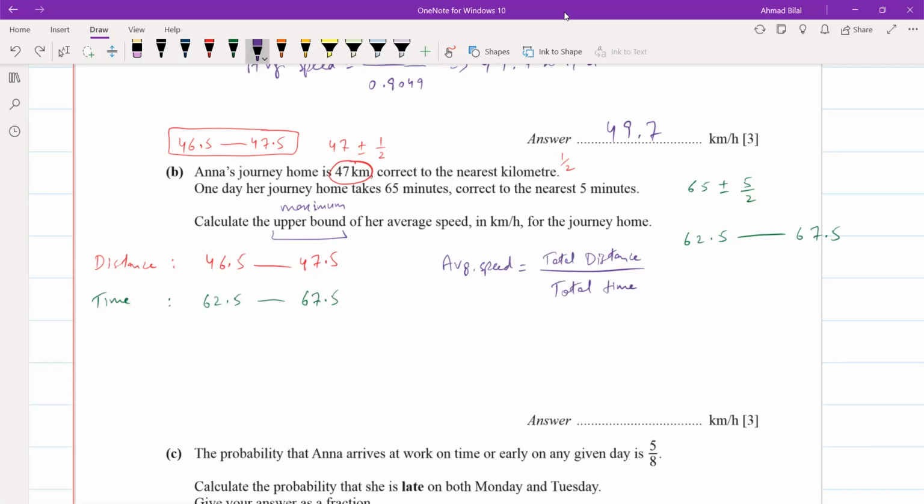Is that what you want to do? क्या करेंगे आप? एक तो इसको hours में convert करना है पहले, so that's of course important. So this is in minutes right now. इसको हम hours में कर लेते हैं. इसको अगर hours में convert कर लें, what do we get? 62.5 over 60. 62.5 divided by 60. That's going to be 1.0417 to 67.5 divided by 60.